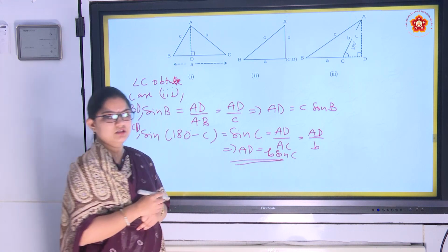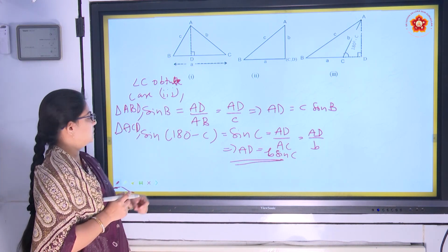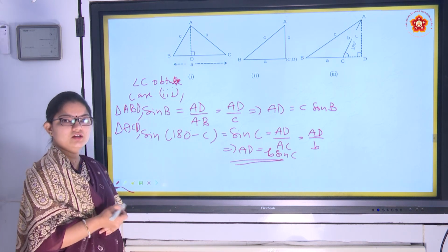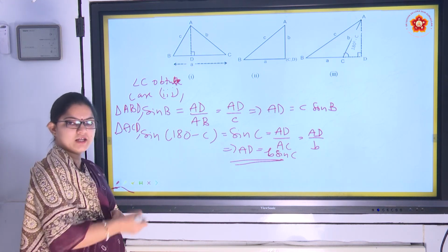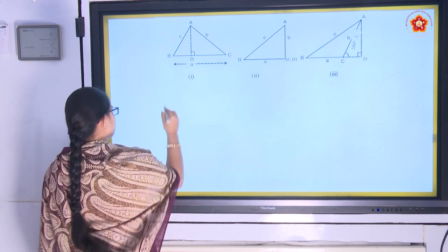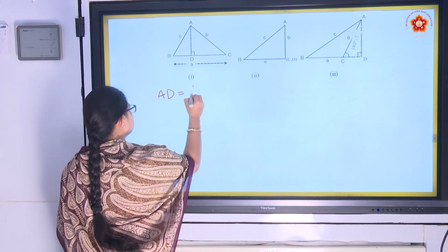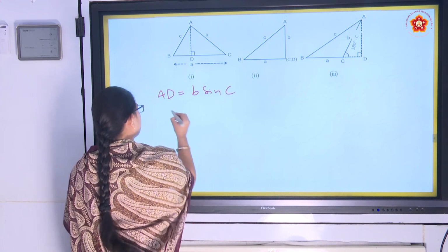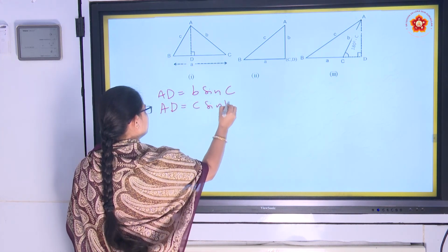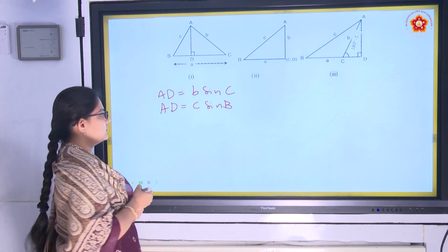So we got the similar expressions in case 3 also, right? So it holds good in all the cases, or all types of triangles. Therefore, AD is equal to B sine C and AD is equal to C sine B. Correct?